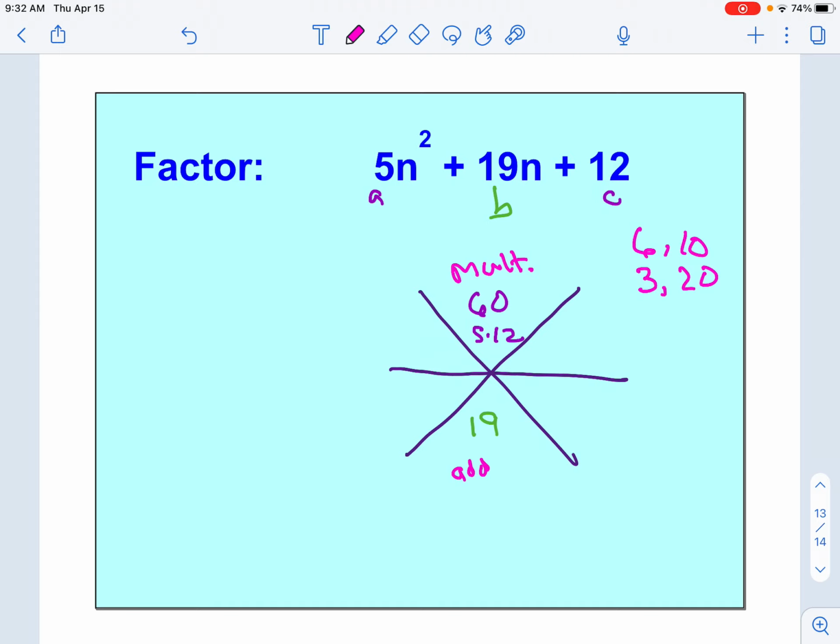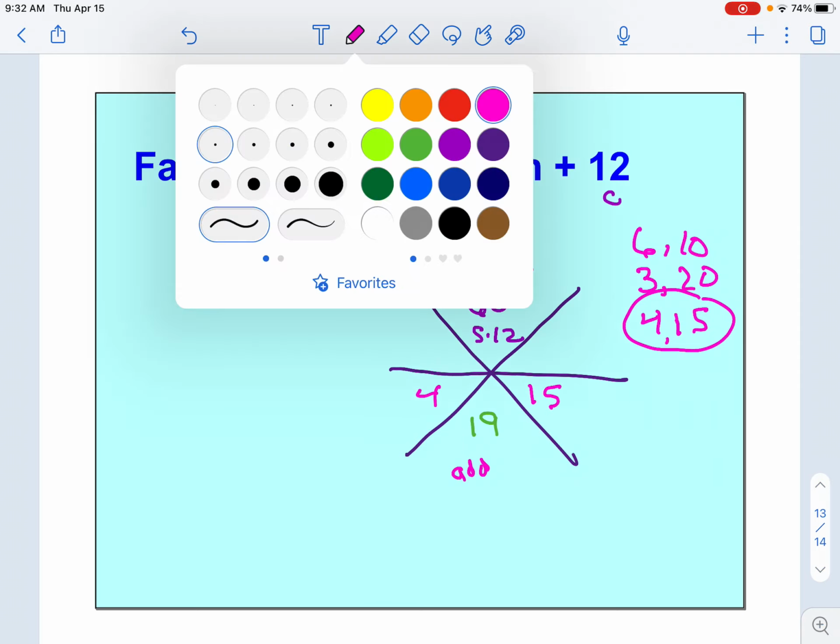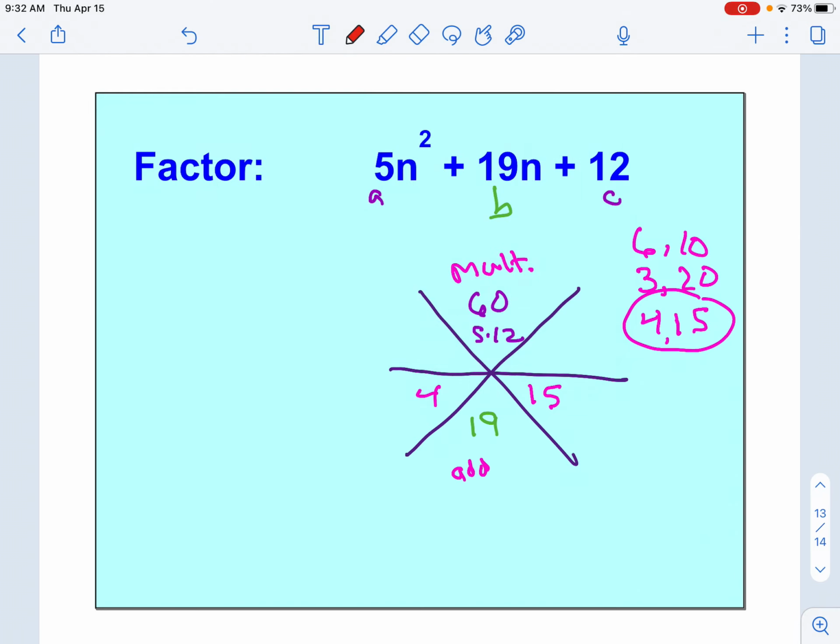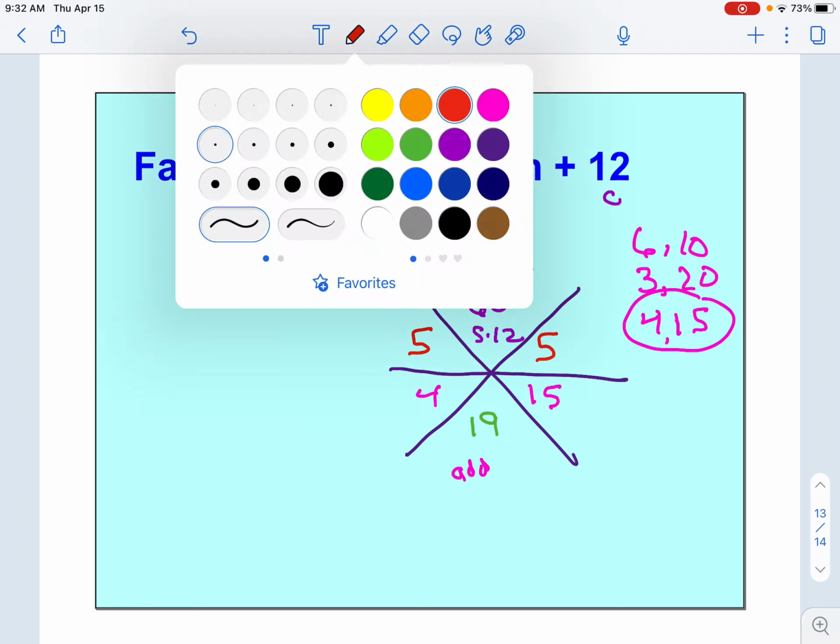So let's try, does 4 go into 60? And it goes in there 15 times. So sometimes you have to kind of guess and check a few combinations before you get the right values. And it gets increasingly harder when your number is bigger. So I'm going to put in the 4 and the 15. Remember, what goes on the top of those lines is your A value right here. So our 5 goes in here.